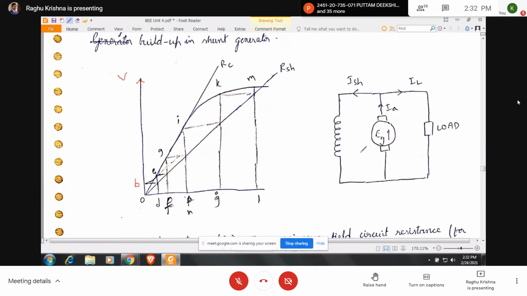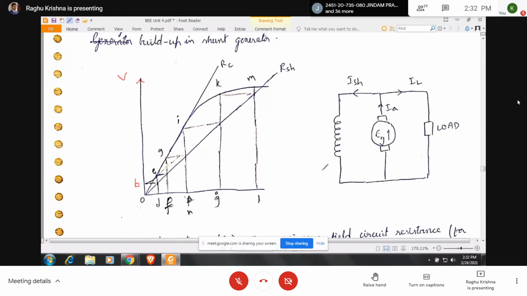So when you have a DC shunt machine and you rotate the armature, what happens? A small voltage is produced due to residual flux.